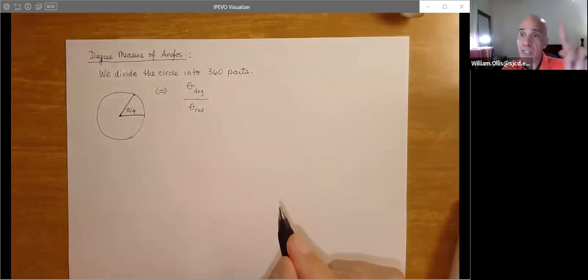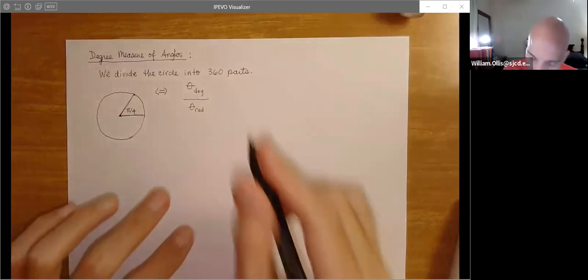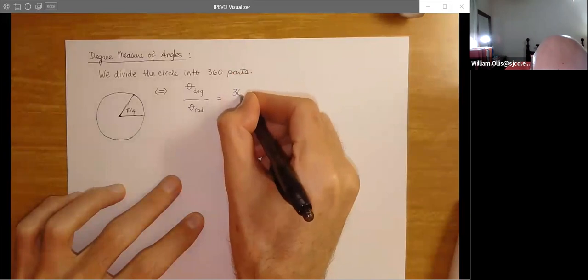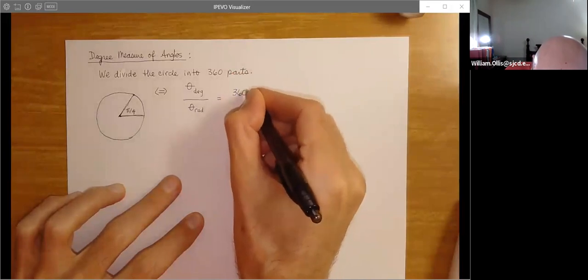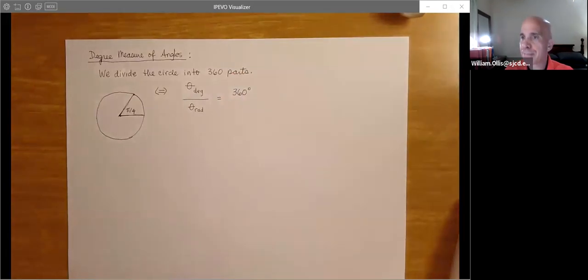And just like we did with the arc length and the sector area, we're going to create a proportion. So now we're starting with the abstract and moving to the less abstract. If we think about an angle going all the way around in degrees, we're going to say 360, and we're actually going to use a little circle like that for degrees.